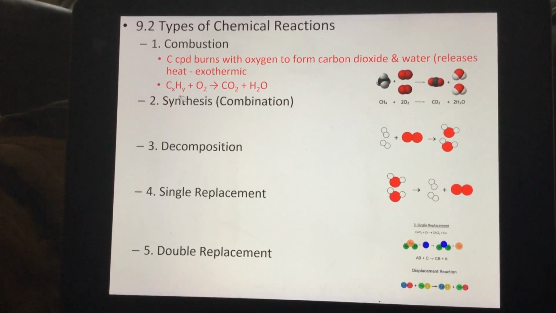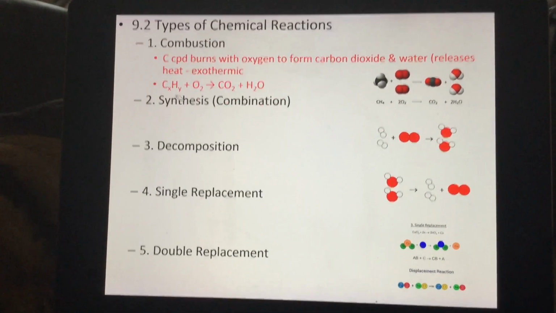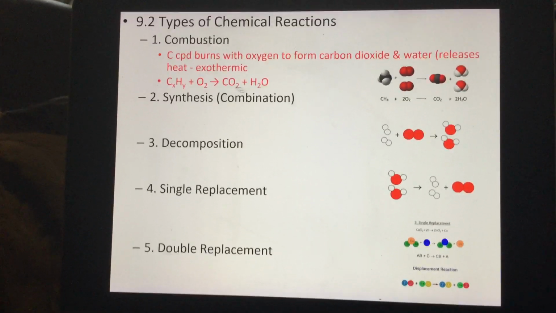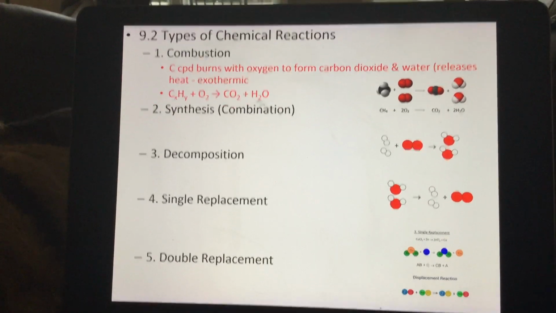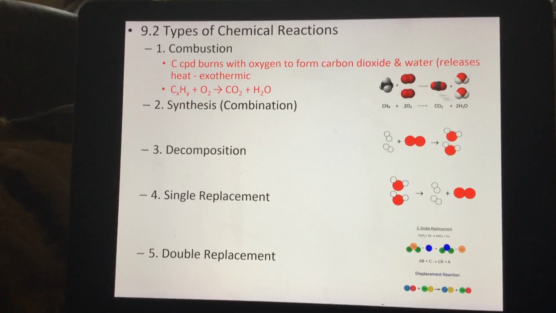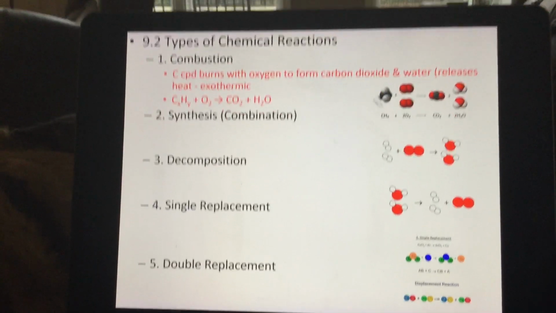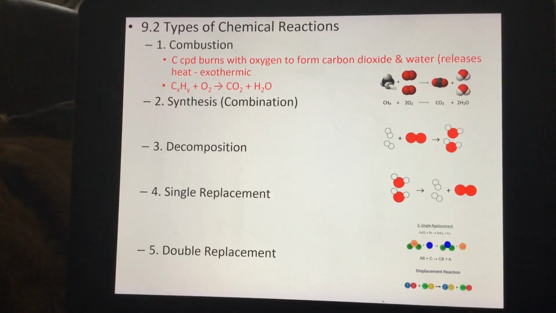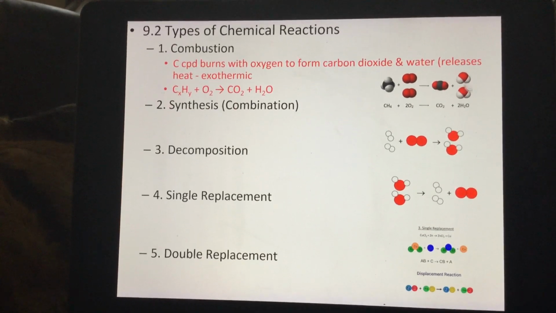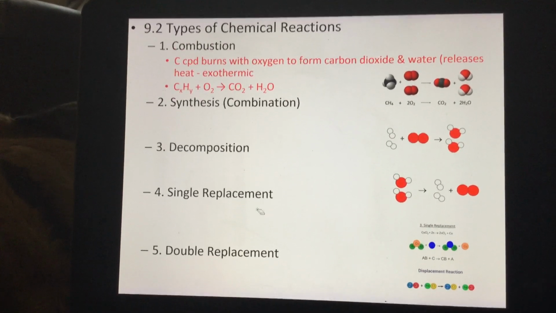You do not need to know other organic compounds besides the alkanes. And then oxygen, and then here are our products. It always makes carbon dioxide and water, and this is kind of what it looks like in the molecular format. Our methane, if you remember building the little molecules, with oxygen, forming carbon dioxide and water.